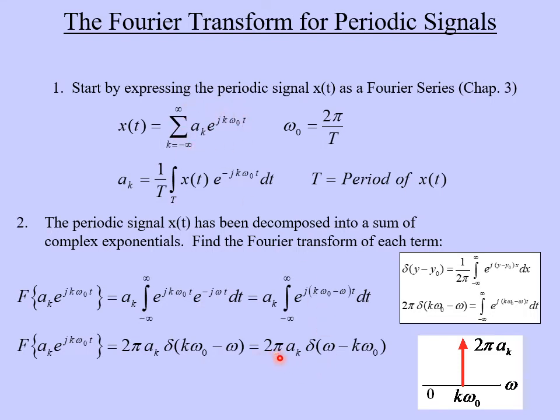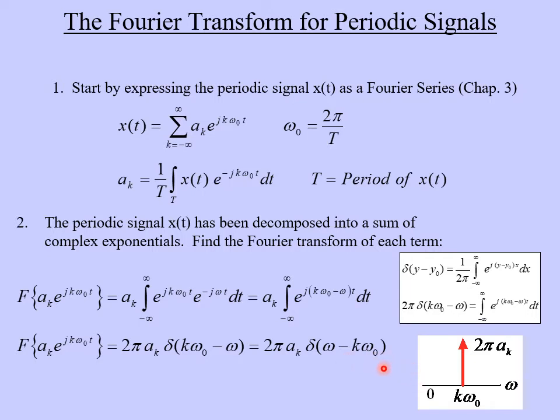It's 2 pi times the Fourier series coefficient, a sub k, multiplied by a delta function that is sitting in frequency at k omega naught. Now remember, omega naught is the fundamental frequency of our signal, and k omega naught is the kth harmonic frequency.